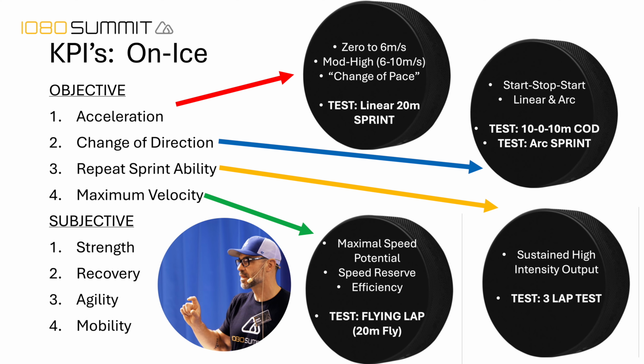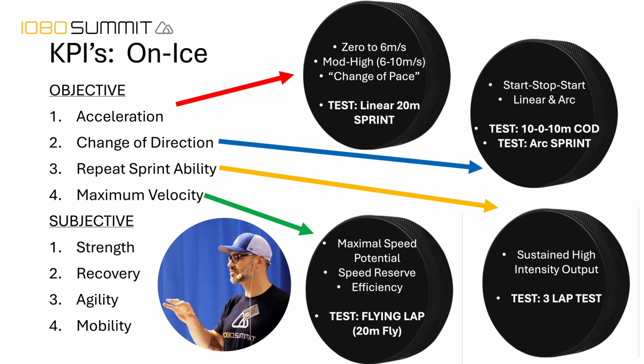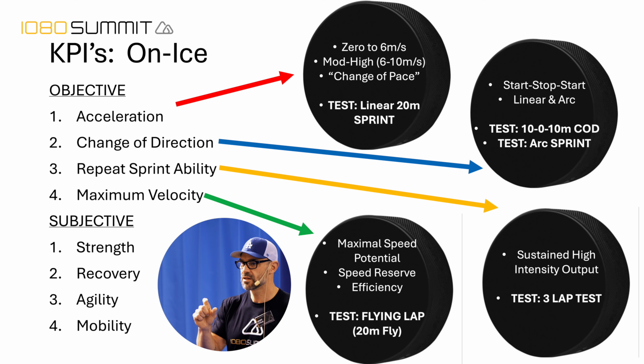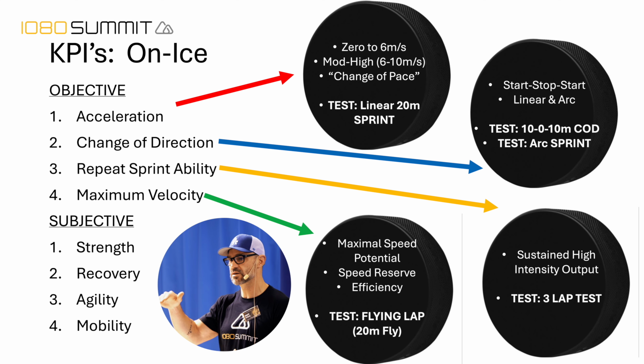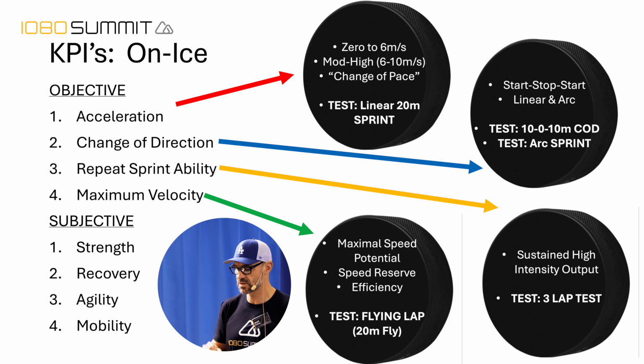So it's a nice round number for me to talk to coaches and general managers about how athletes accelerate. They don't know what a meter per second is. But 0 to 60 is common vernacular with cars, at least in America. 0 to 6 makes sense to them. But 6 is also closely related to game speed. So we want to look at how fast you can get from 0 to 6.